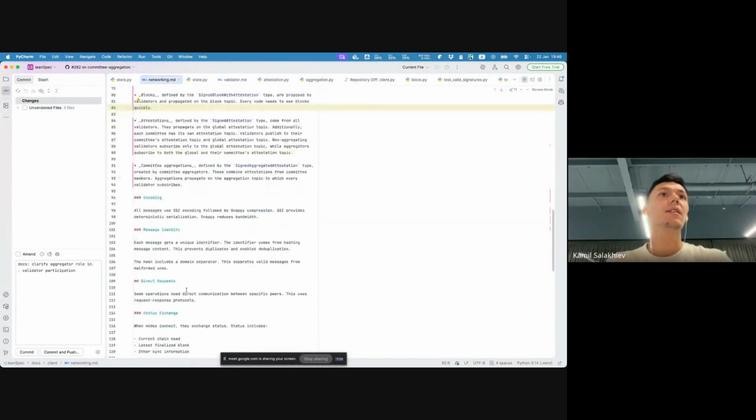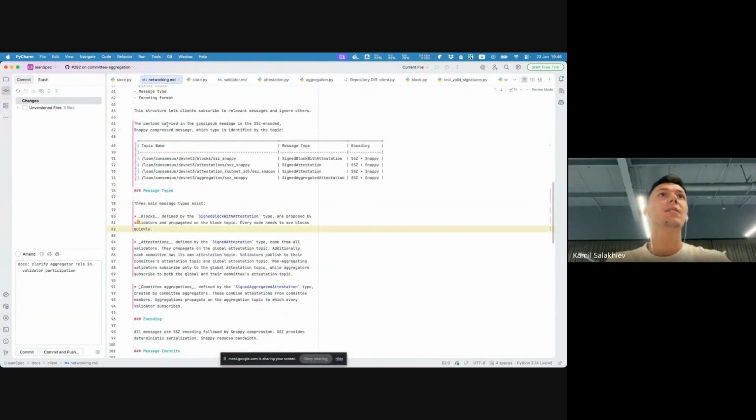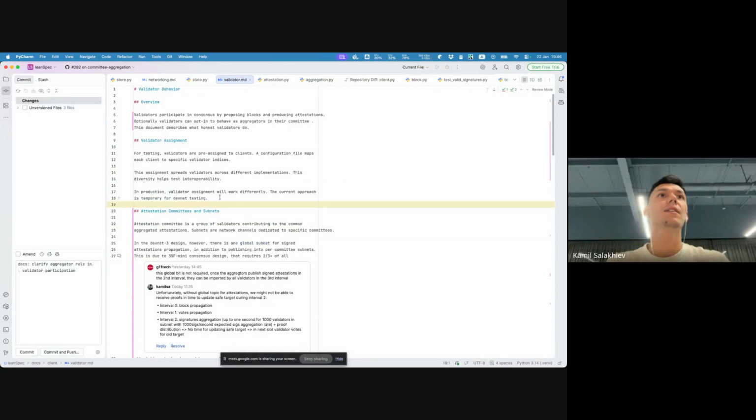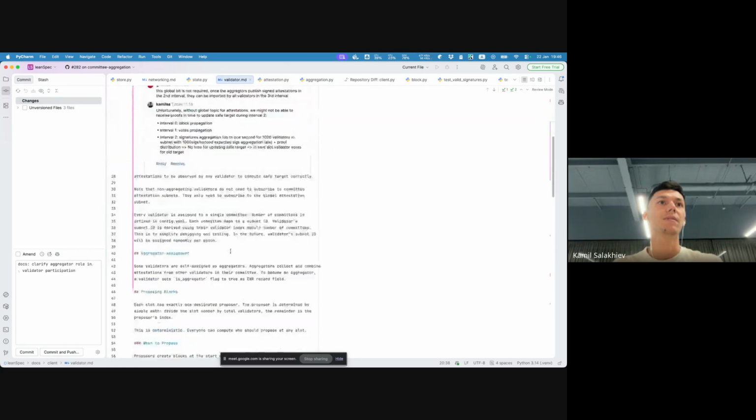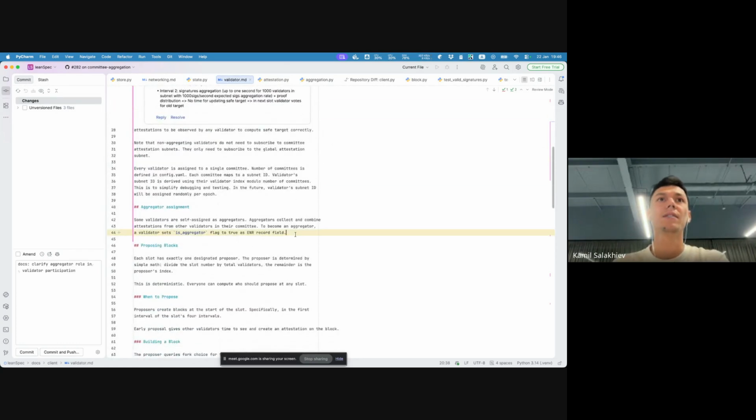Okay, nice. So please take a look at the networking MD and validator MD. In the validator MD, I briefly described how we assign validators to committees, and also the role of aggregators. Currently, we assume that each subnet has a single aggregator for now.